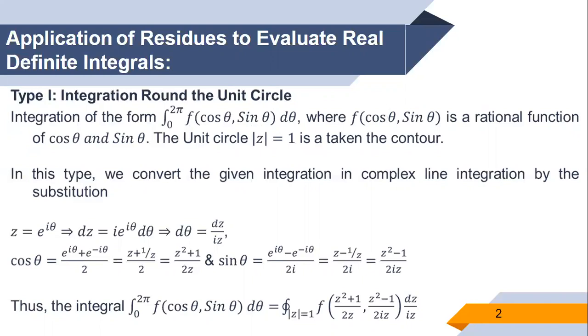In this type, we convert the given integration into a complex line integration by the substitution z is equal to e raised to i theta. This implies dz is equal to i e raised to i theta d theta, and then d theta is equal to dz upon iz.